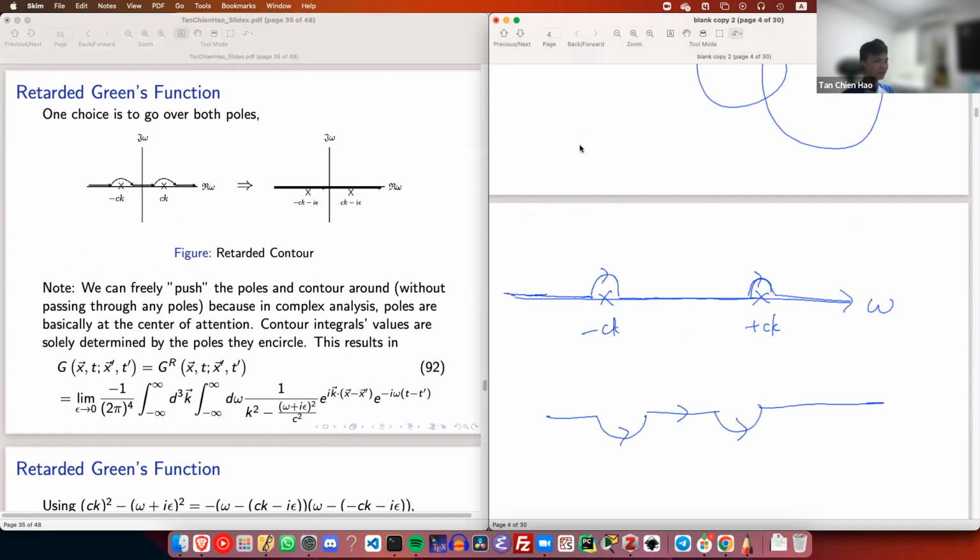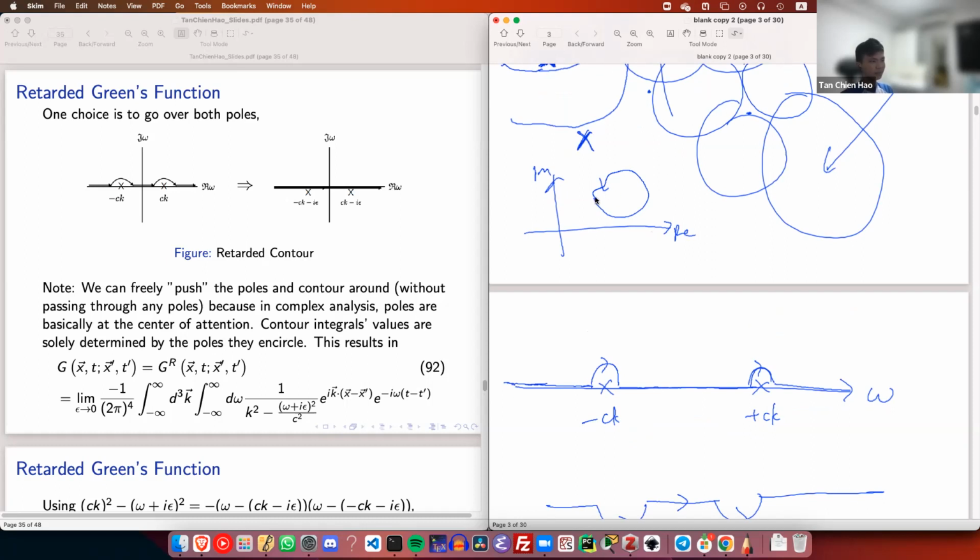In contour integration, contour integrals are basically line integrals in complex space. So if I have the complex plane, then I choose a contour that goes in a loop. It turns out, by the residue theorem, that the value of this contour integral depends on the poles that are inside the contour.